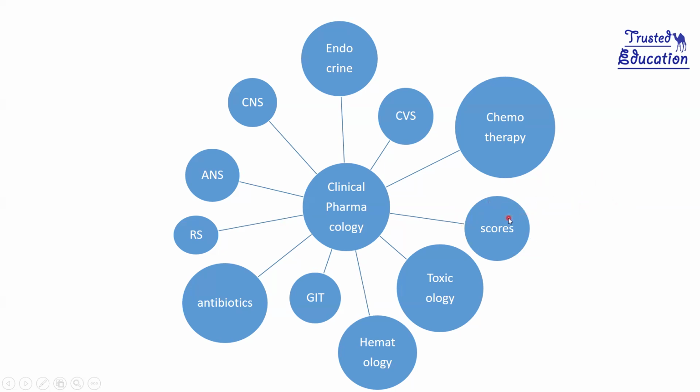Also, it can be used to calculate a number that helps us to choose a certain medicine. During our study of scores, we will know scores that are related to liver disease, scores that are related to heart disease.